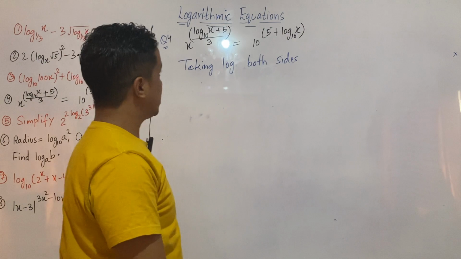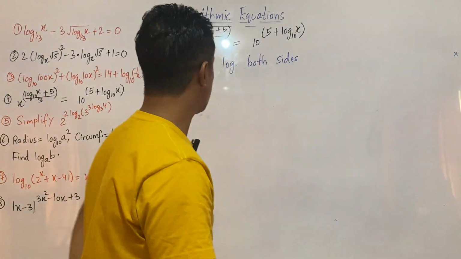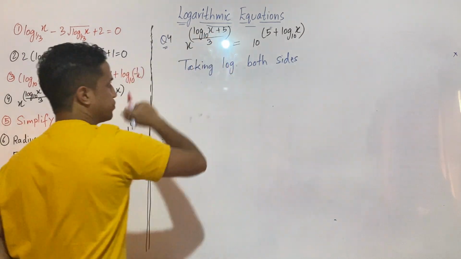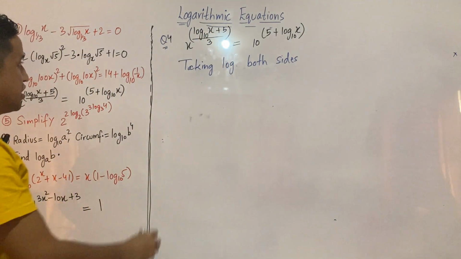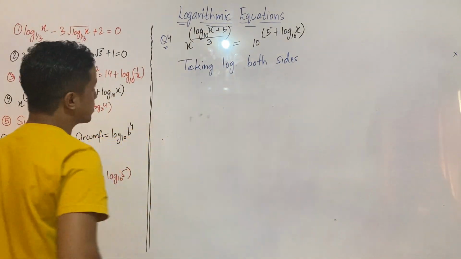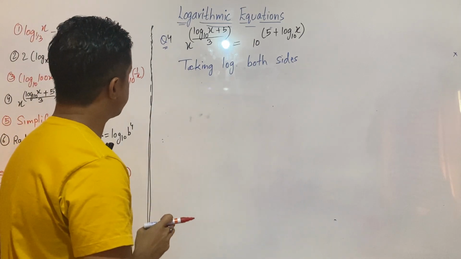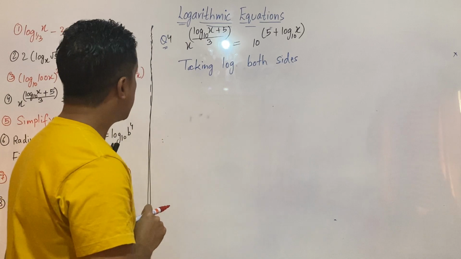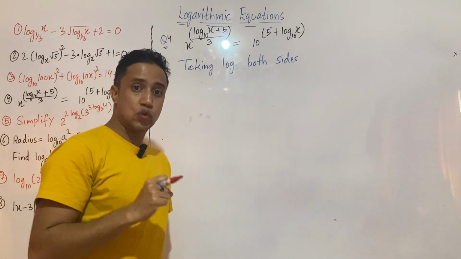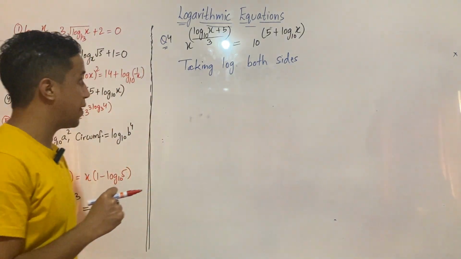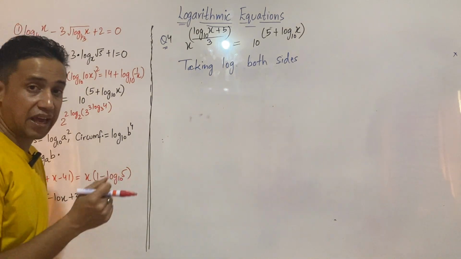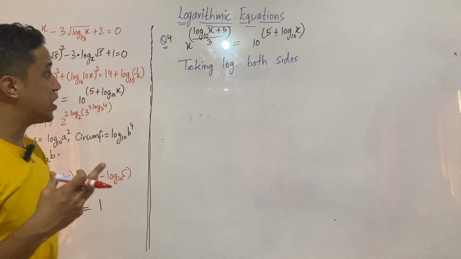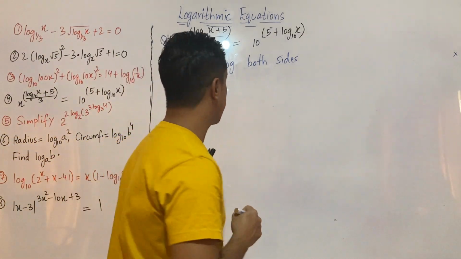I will take log to the base 10. Why? Because here I have log base 10. I assume that if I take log base 10, then in the end we are going to get some terms, and then maybe some cancellation would take place, or maybe we could make use of some property.